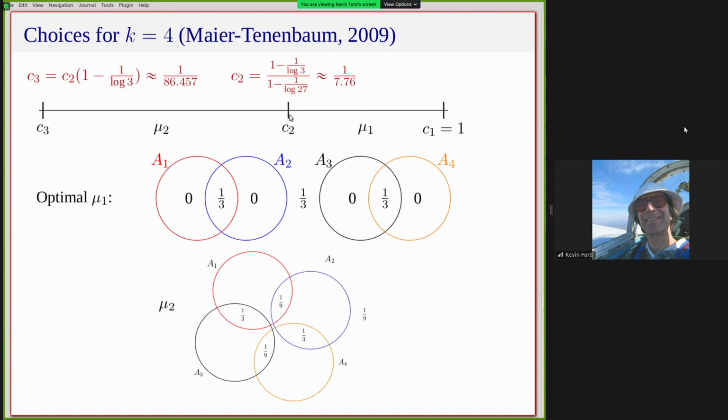But the interval C2 to C1 is much smaller than they had before. The interval C3 to C2 is exactly the same size they had before. It has a ratio of 1 - 1/log 3. It may be a little bit harder to read; I tried to cram this onto one slide. There are also 1/3 of the divisors in each of these 2 intersective pieces, but then there's also 1/9 in these 2.